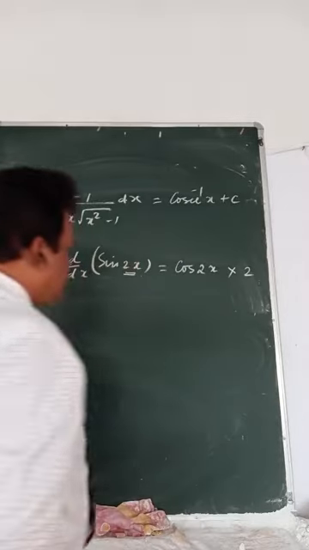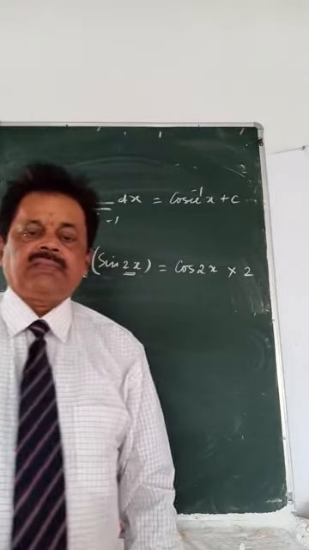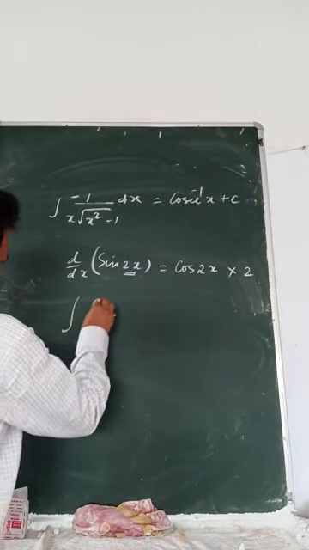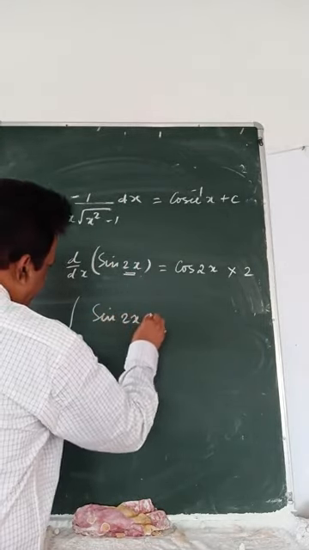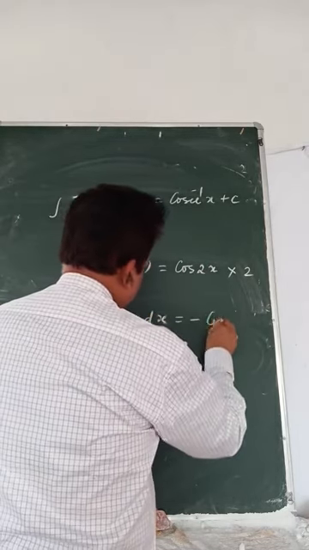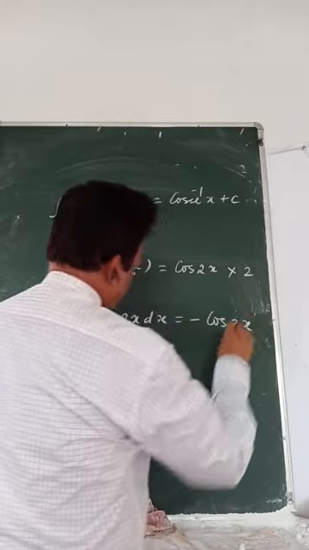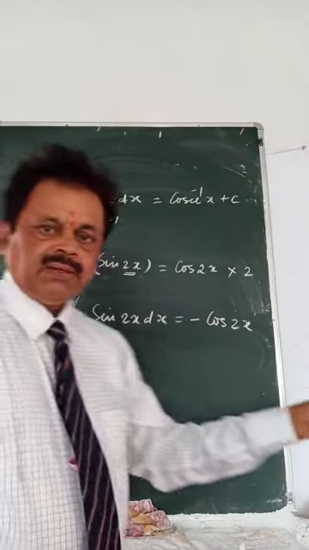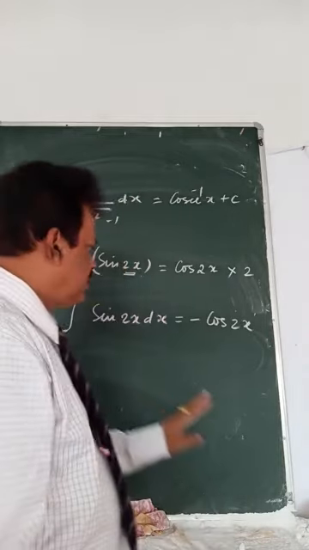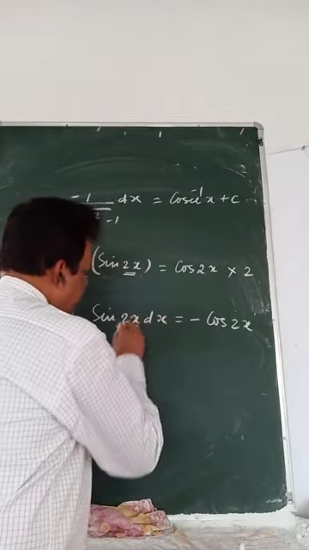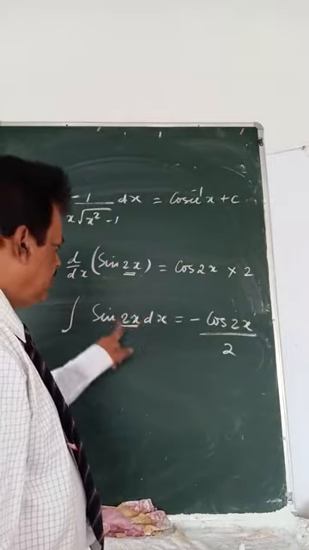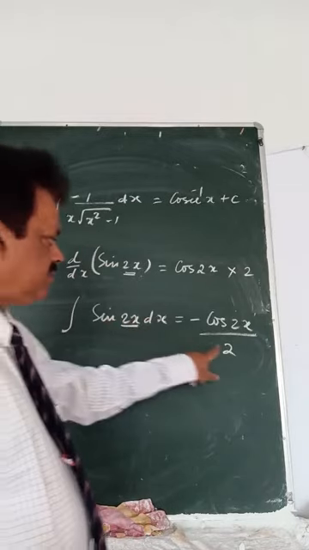But when you go for integration, it will be the inverse process. Integration of sin 2x: the integration of sin is minus cos 2x, as per the formula I just gave. Now the derivative of 2x you have to divide.